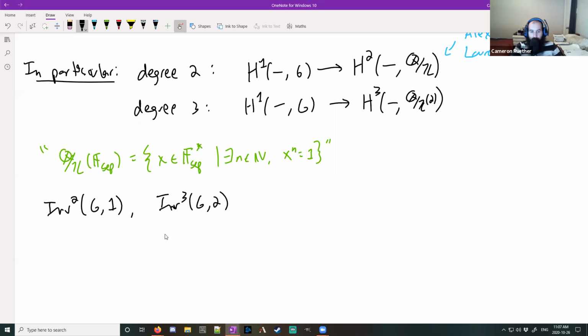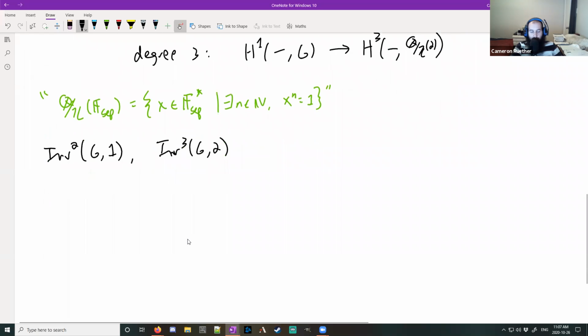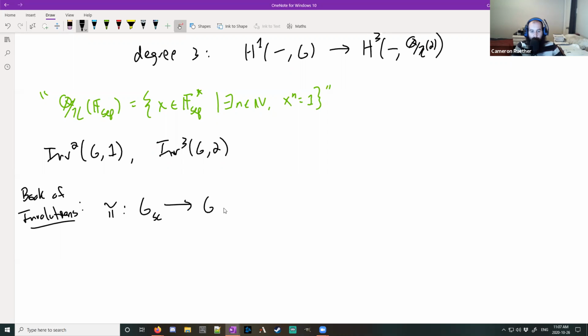So for the degree 2 invariants, these Brauer invariants, for simple groups, we have a pretty nice definition, which I know of from the Book of Involutions. It states that if we take the map from the simply connected cover of G down to G, then this group of degree 2 invariants is isomorphic to the characters of the kernel.